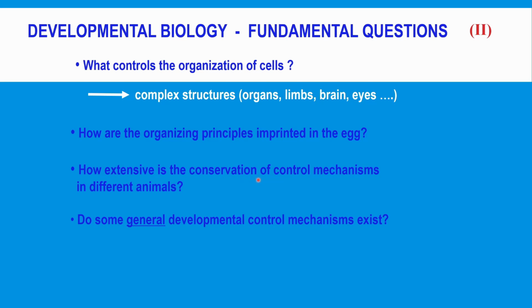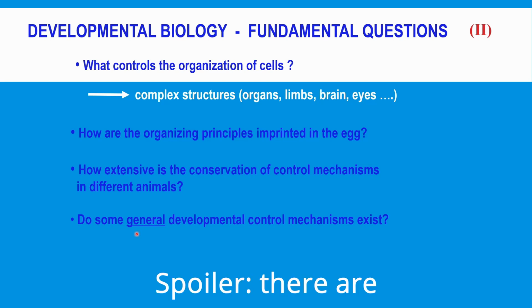To know, are they useful for us? Are the same regulatory mechanisms going on in simpler animals as they are in more complex organisms like humans? And then by knowing this, perhaps we can define if there are general developmental control mechanisms.